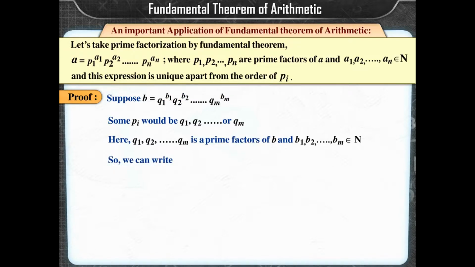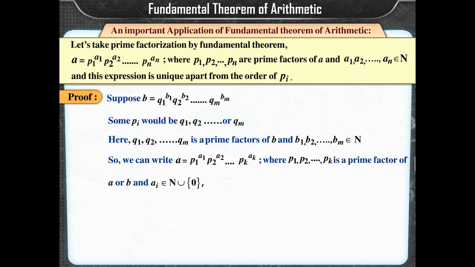So we can write p1^a1, p2^a2 up to pk^ak, where p1, p2 up to pk are the prime factors of A or B, and ai belongs to the natural numbers union 0, bi belongs to the natural numbers union 0.